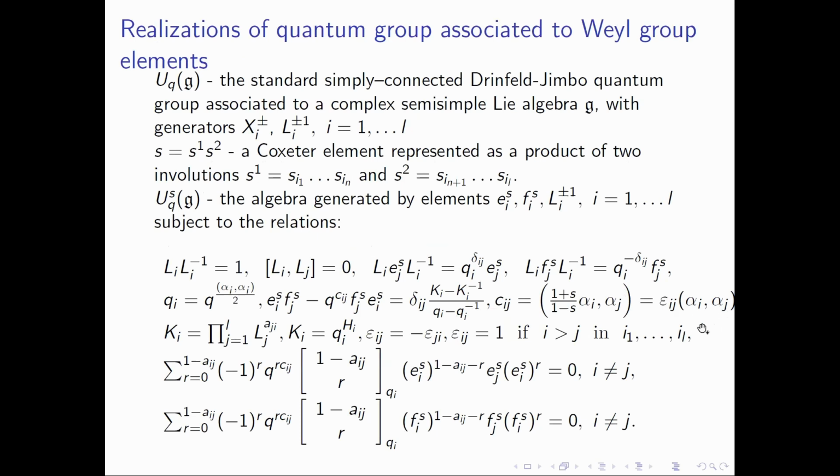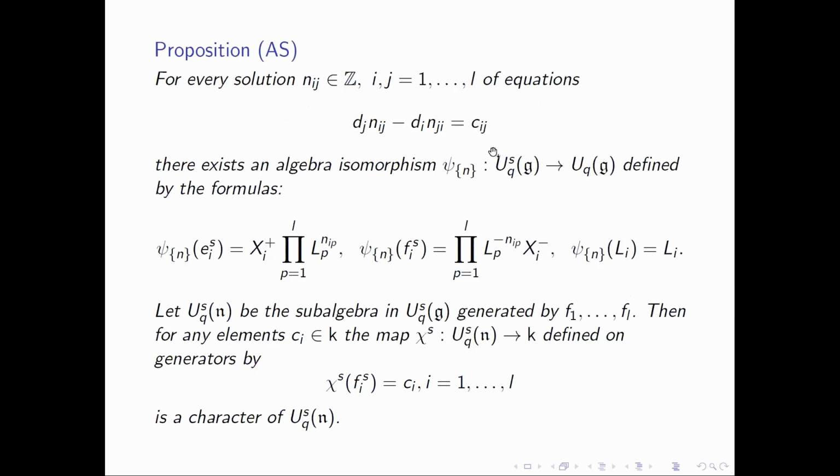They are equal to the scalar products of simple roots times a skew-symmetric matrix epsilon_ij, the entries of which are equal to 1 if i is greater than j in the sequence of simple reflections i_1, ..., i_L which enter the definition of the Coxeter element, and -1 otherwise. Given an integer valued solution of such a system of equations, we obtain an isomorphism of the algebra defined by the relations on the previous page and the standard Drinfeld-Jimbo quantum group, and the isomorphism is given by these pretty explicit formulas.